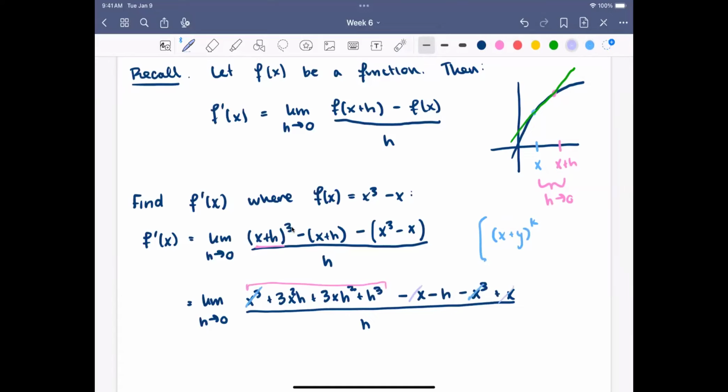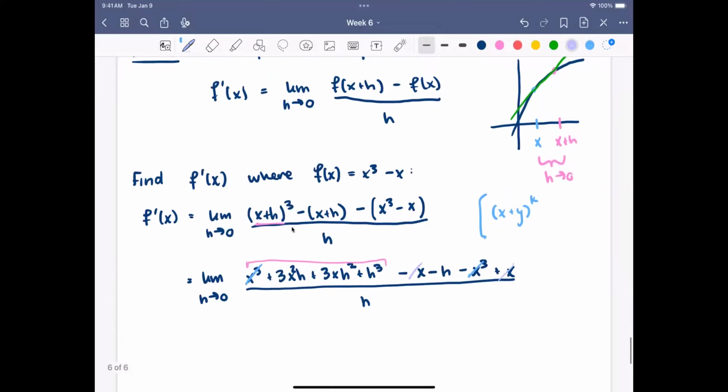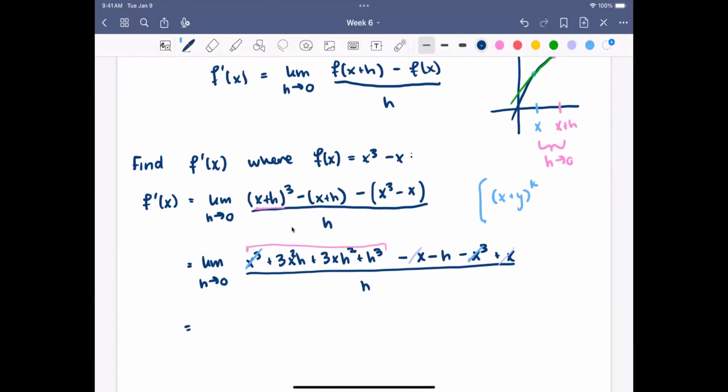So then I get the limit as h approaches 0 of 3x squared h plus 3x h squared, oops, sorry, there's an h cubed there too, plus h cubed minus h, all over h.